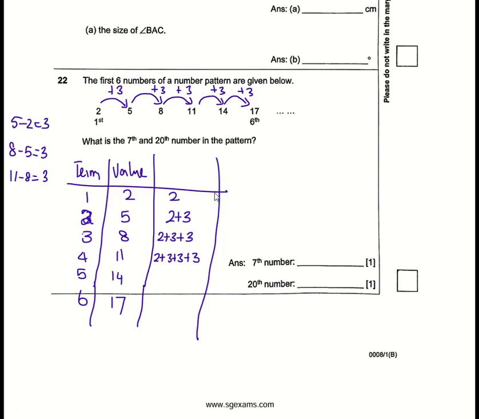So now, let me look here. Again, I want to just try to formalize this in a slightly different manner. Let's say 2 plus how many 3's are there in the second term? There is 1 times 3. Here, 2 plus 2 times 3. Here, 2 plus 3 times 3.